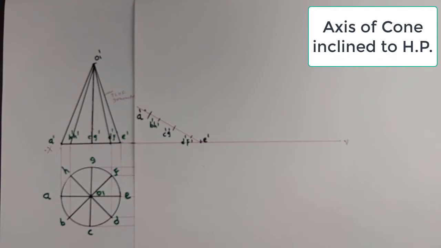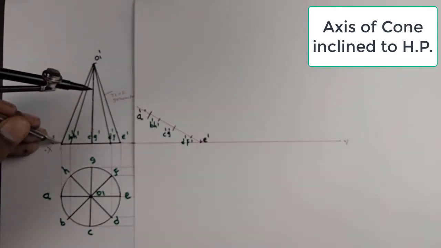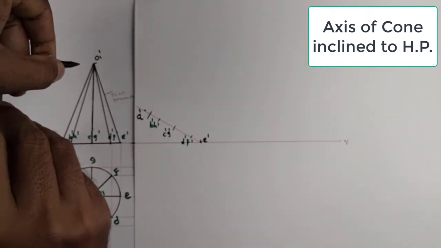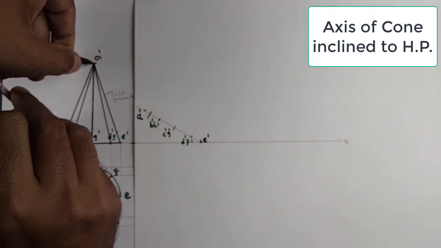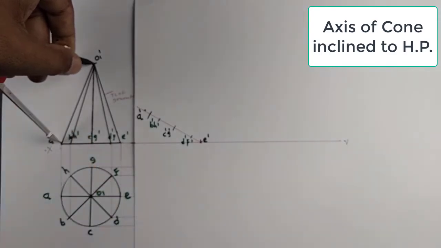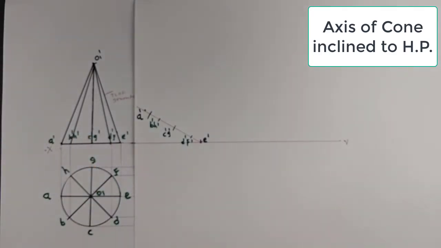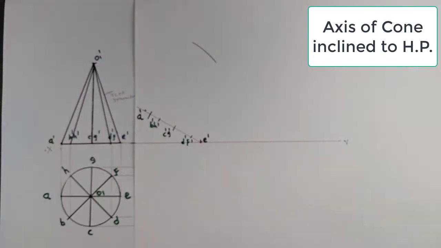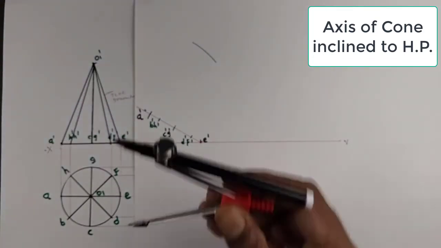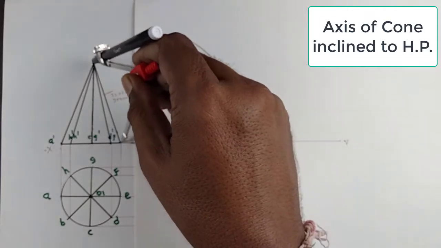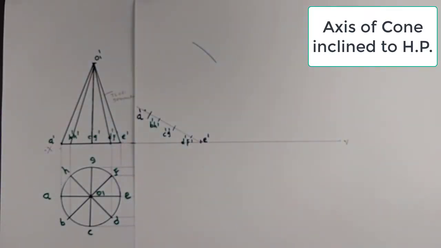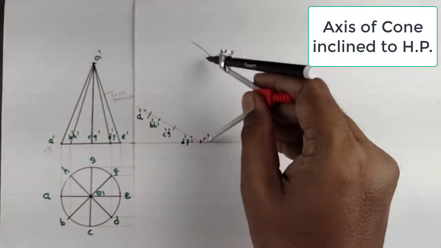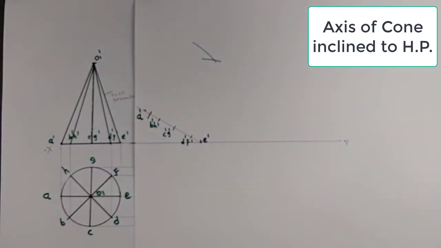So for A dash to O1 dash, it is my radius. With center A dash point, I draw the arc. E dash to O1 dash is the radius, with E dash as center, I do the arc.